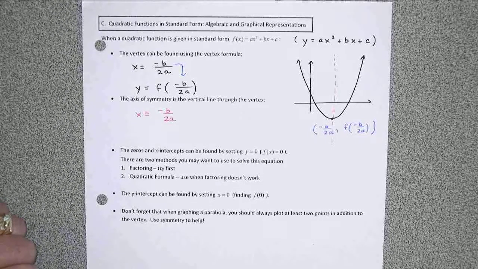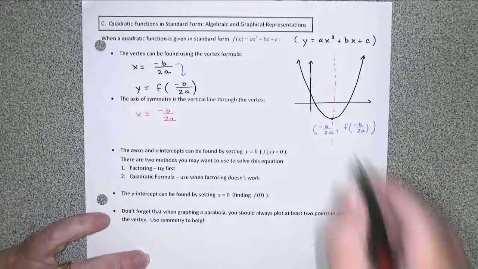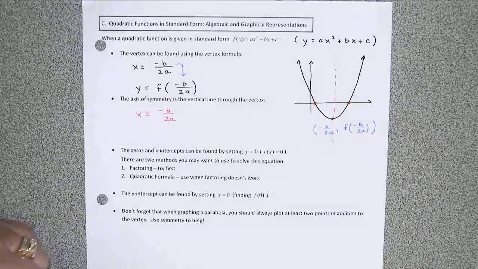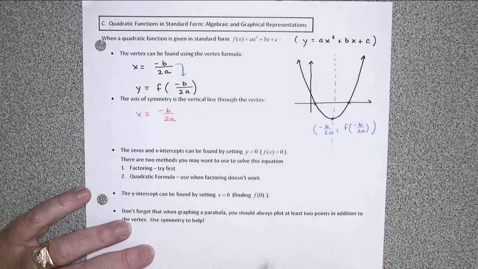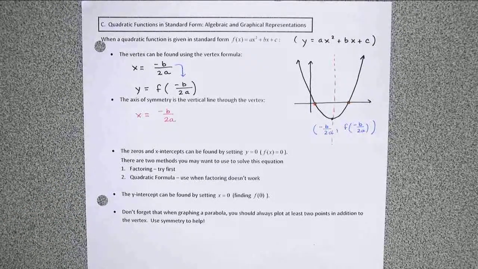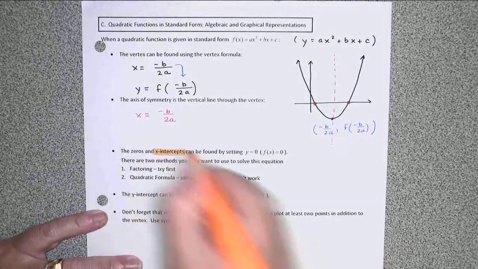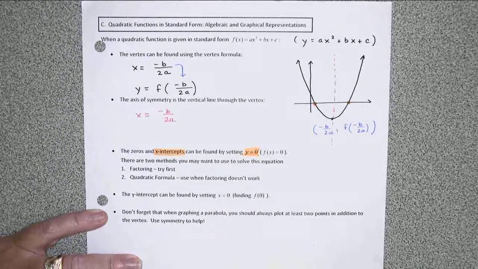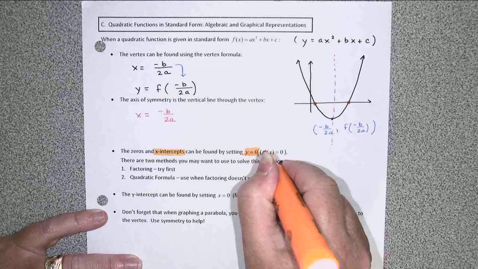All right, the next thing that we'd like to find is the zeros or x-intercepts. In this particular case, I can see that there are two of them. To find x-intercepts, remember that you set y equal to 0. That's the same thing as saying set f of x equals 0, of course.